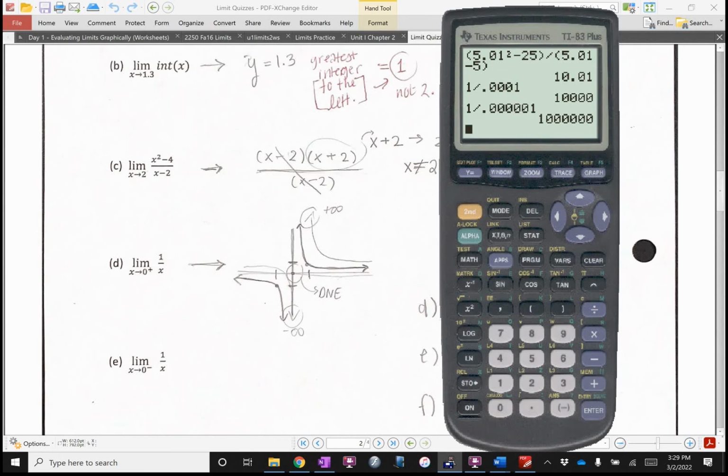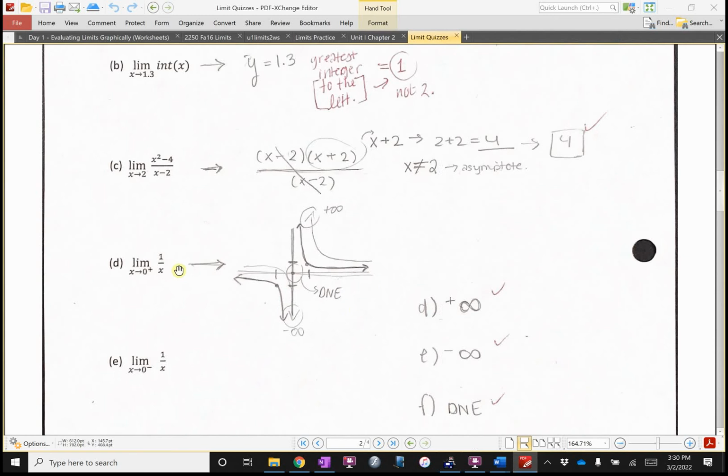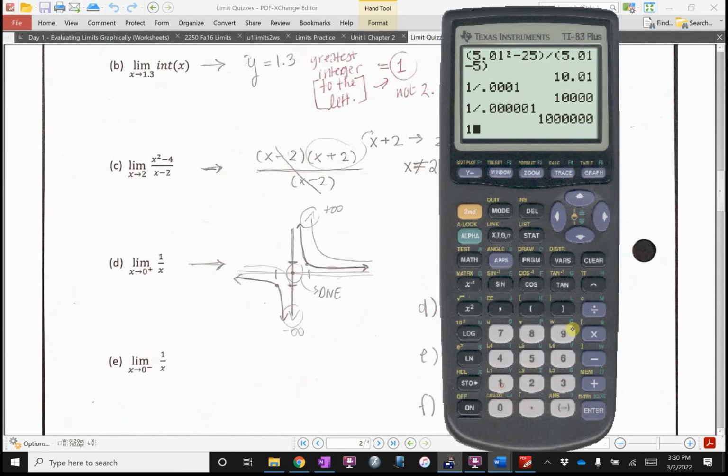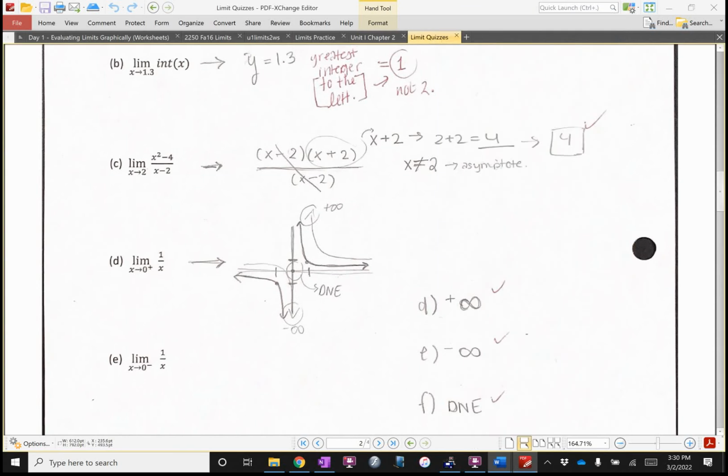What's the trend? It's shooting off to positive infinity. What if I was approaching 0 from the left? I think it shoots off to negative infinity to the left of 0. This is how I can start to figure out what this graph is going to look like really quickly. When in doubt, the calculator will bail you out quite a bit. So that's how I know those two answers.